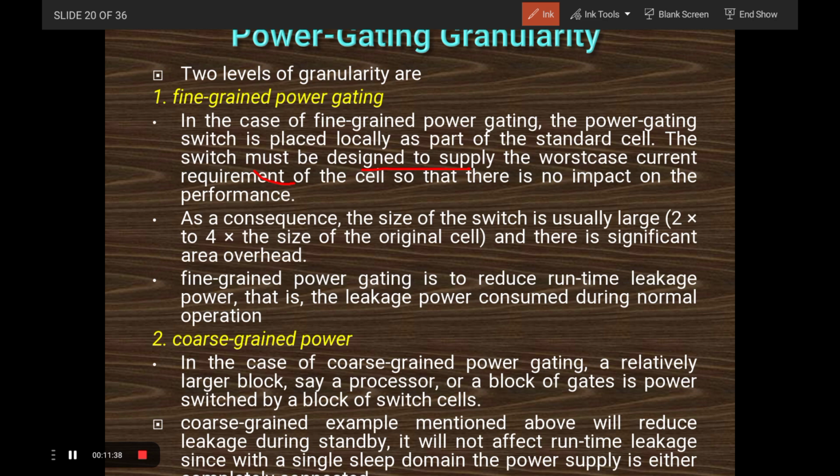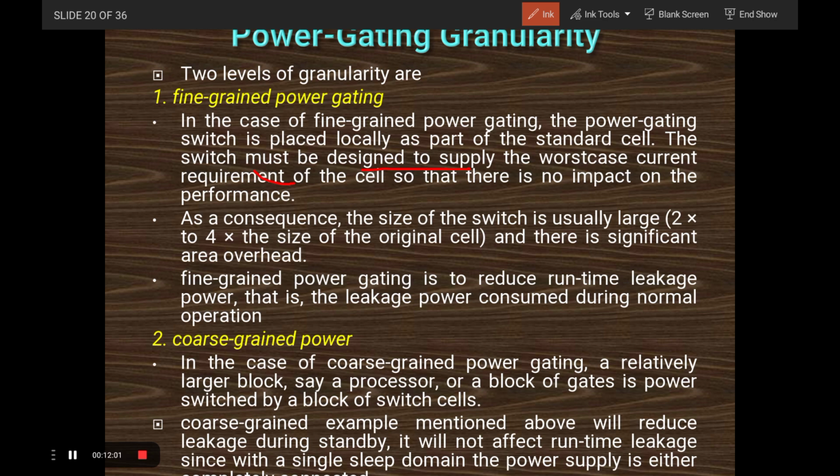That means this switch handles a very worst case condition, that means a very small amount of current. Therefore, if you are providing a small amount of current, obviously no leakage power will be there, and we can also maintain the performance with no effect.